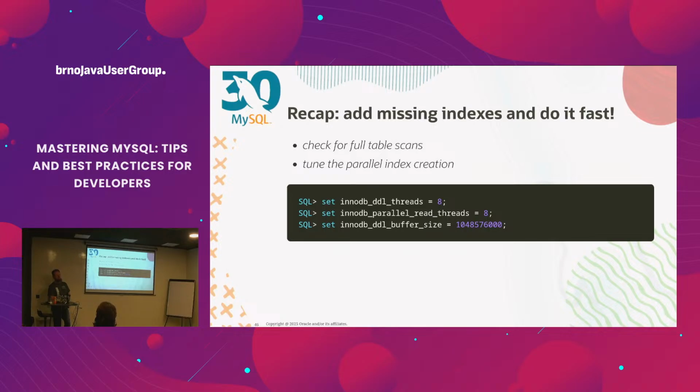There is a setting for that, but it's on by default. You cannot run without performance schema anymore, to be honest. You can maybe reduce its size, but you cannot run without it because we depend on it for many things.